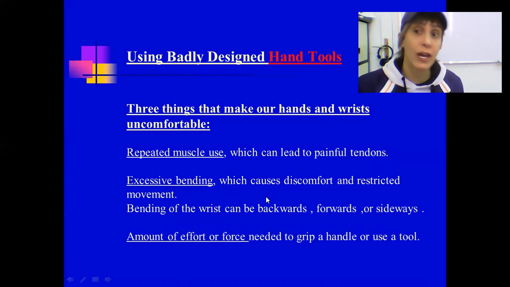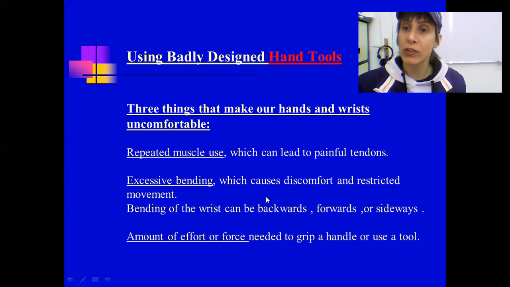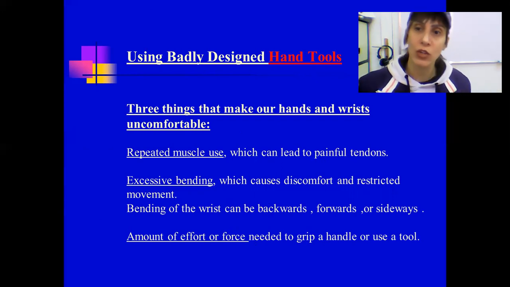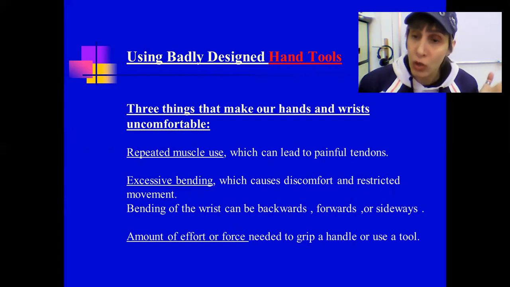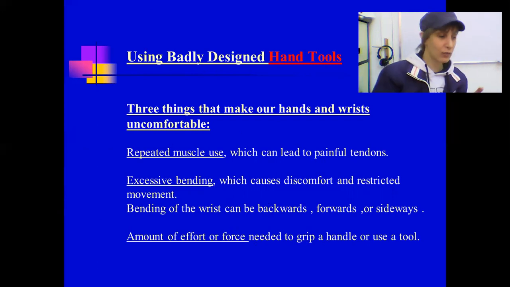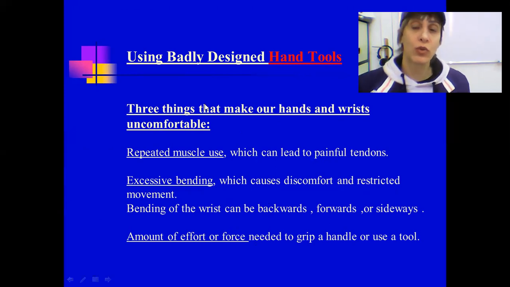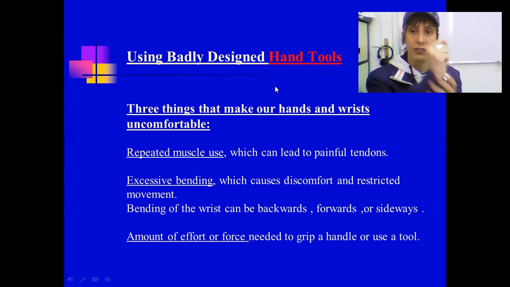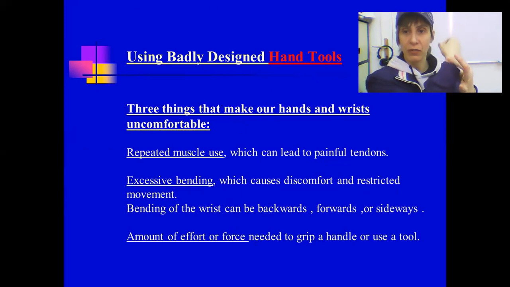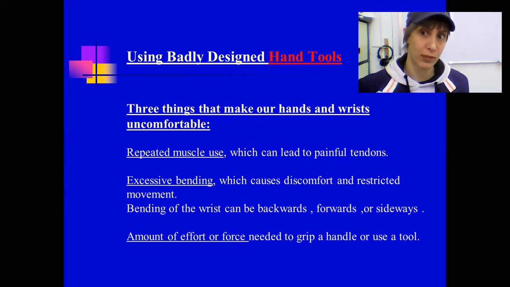Now, because hand tools are mostly, well, always actually used with the hand, that's why they are called hand tools, okay? So you use them with the hand. So you need to understand the three things that make the hands and wrists, this is the wrist, uncomfortable. Three things.